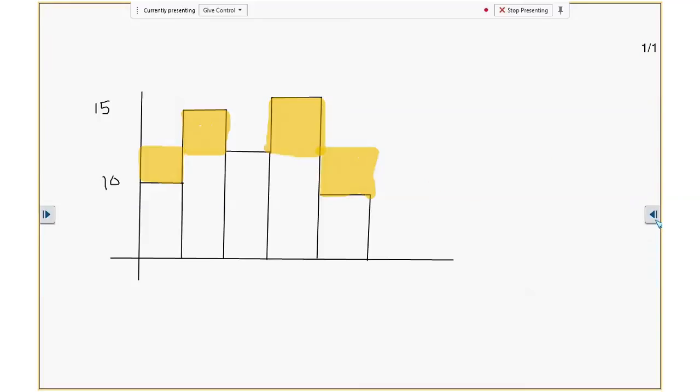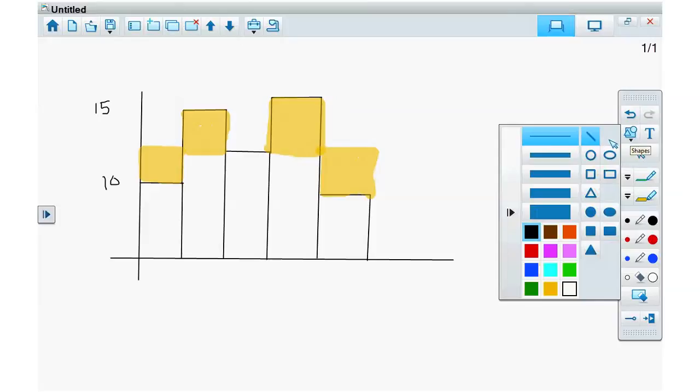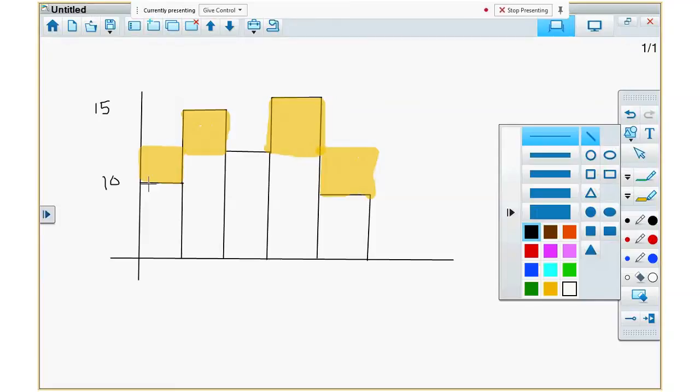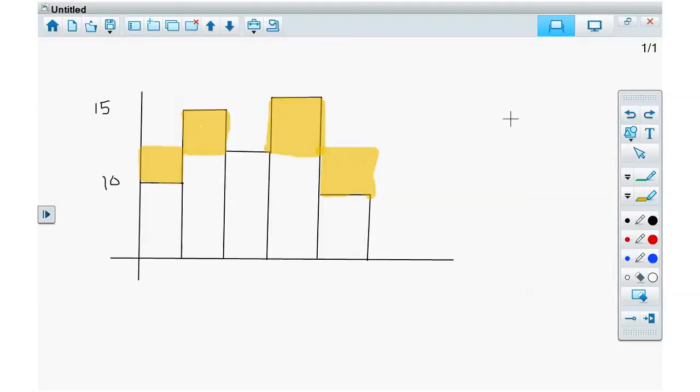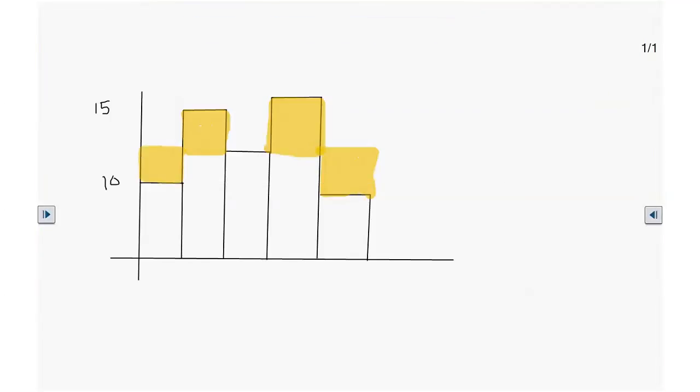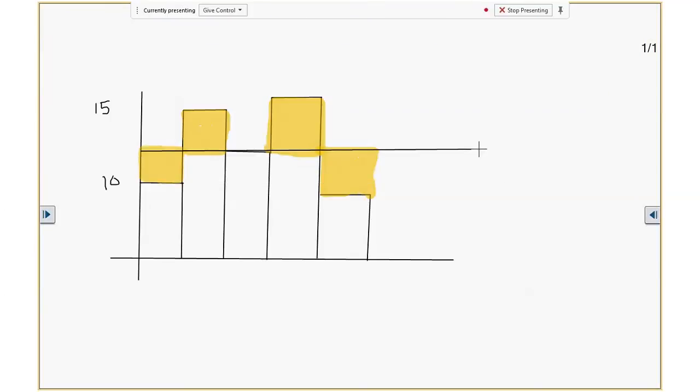I've basically made a line that goes from here right about there. No, that's not right. I put it in the wrong place. Here we go. From here right across there, haven't I? And there's nothing that goes above it or nothing that goes below it.